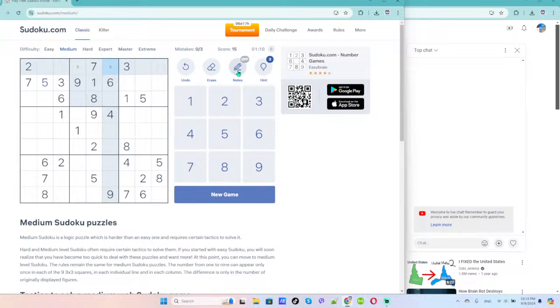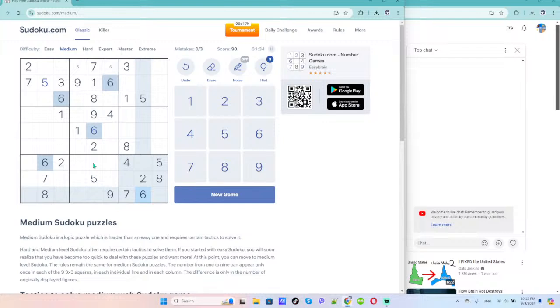Great. Okay, now let's look at this column. We have 3 missing numbers, 3, 4, and 6. But 6 is going here due to these already existing numbers.